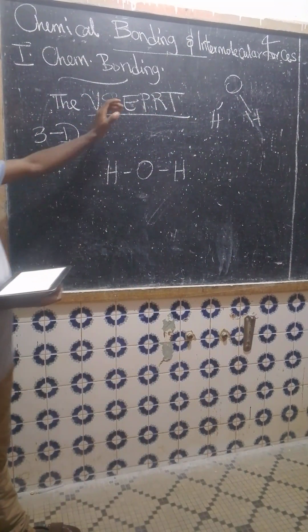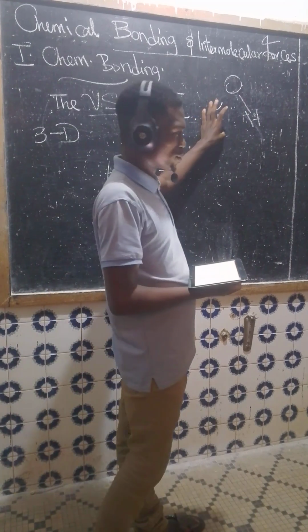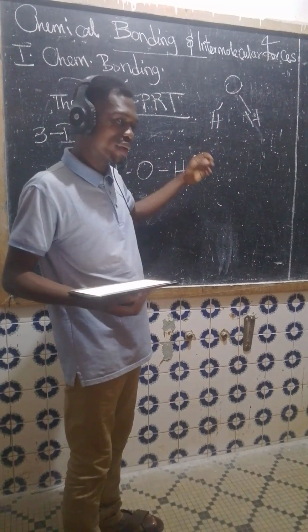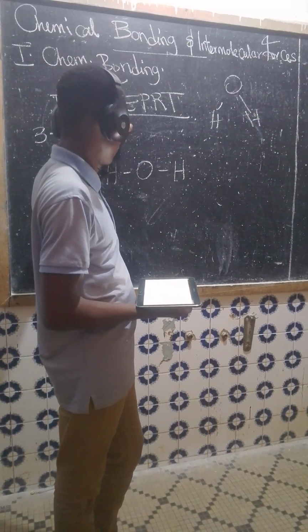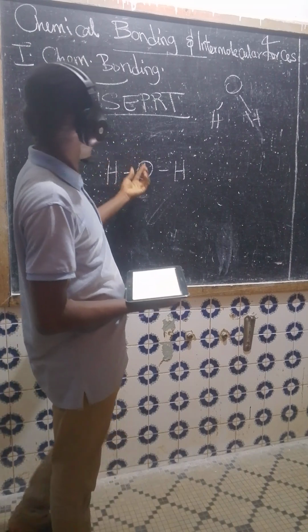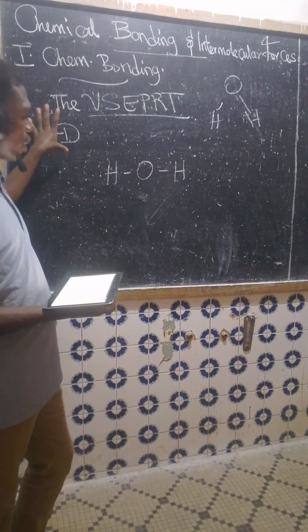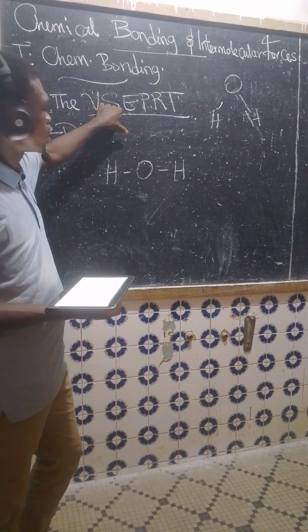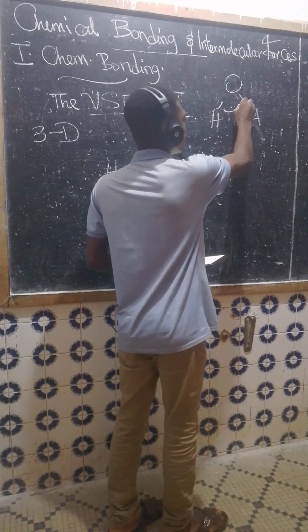So according to the valence shell electron pair repulsion theory, bonded atoms in a covalent compound will always rearrange themselves in order to minimize repulsion. When they rearrange themselves, they form a 3D arrangement. And then the theory can propose the angle.